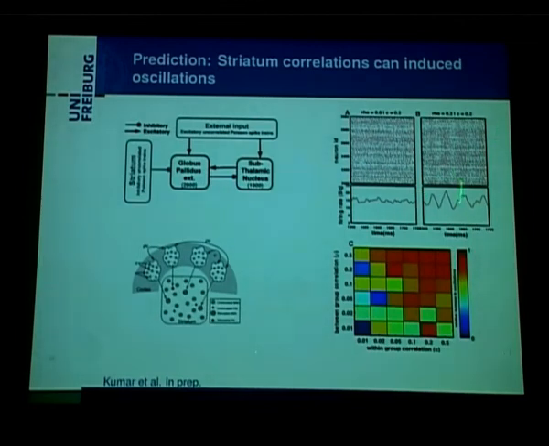If you introduce correlations, it's not so well visible, but if you sum up over the population, you start to see these nice oscillatory states. So just by coordinating spikes in striatum, you could create these oscillations. In this case it doesn't matter whether it's between or within: as long as any one correlation increases, there is a general tendency towards oscillations.